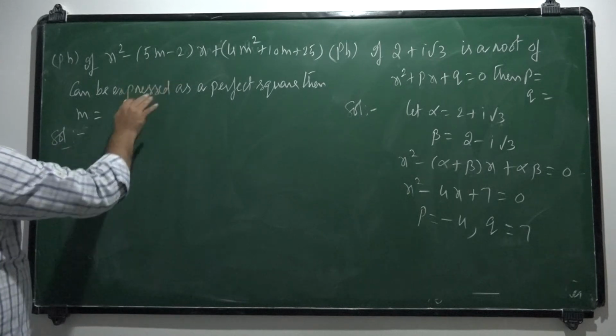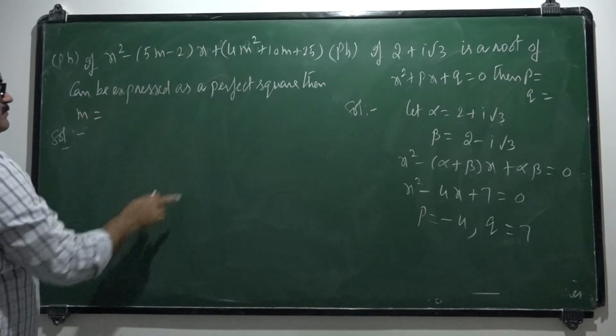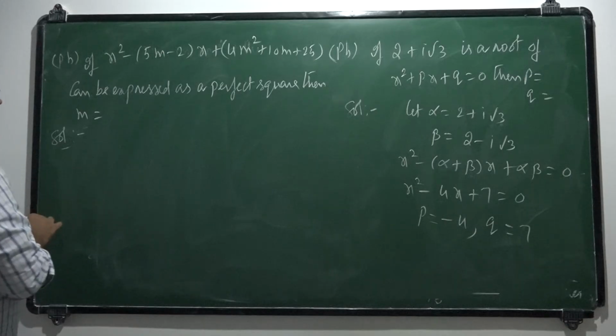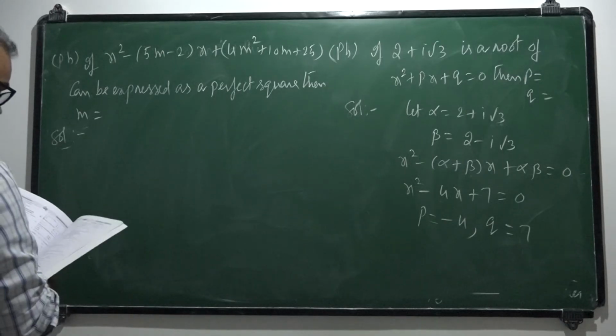If the expression can be expressed as a perfect square, then find the value of m.